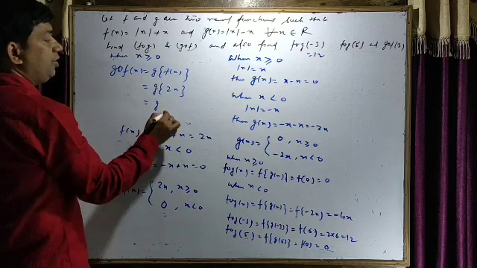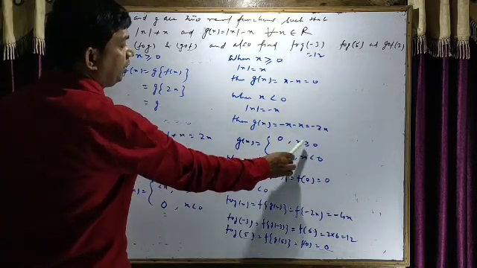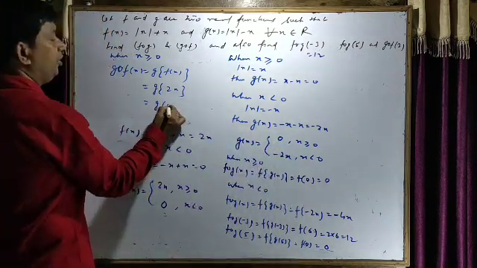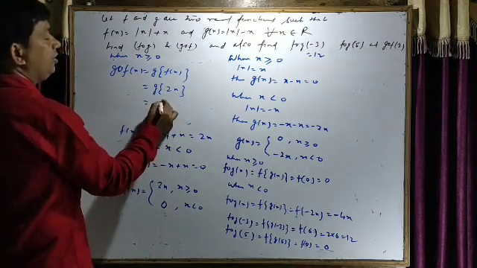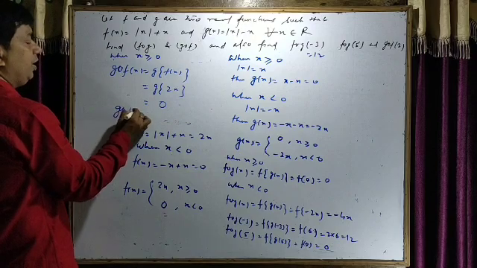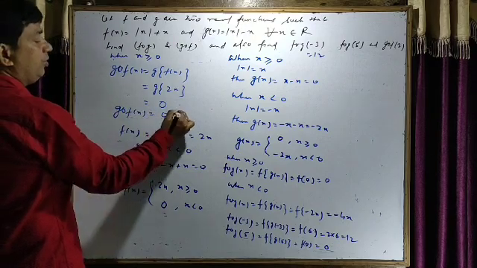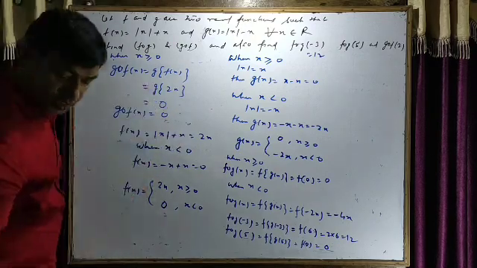And g is positive here. X is greater than 0, so it is 0. Entire thing is 0. So gof of x is 0 when x is greater than 0.